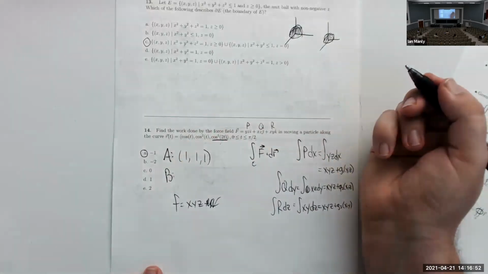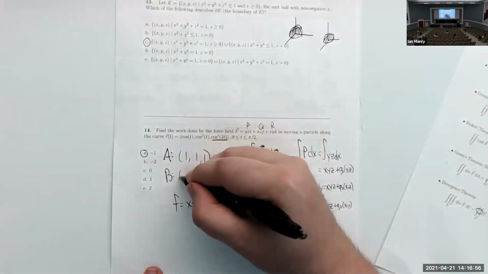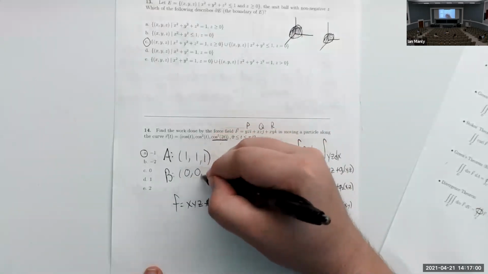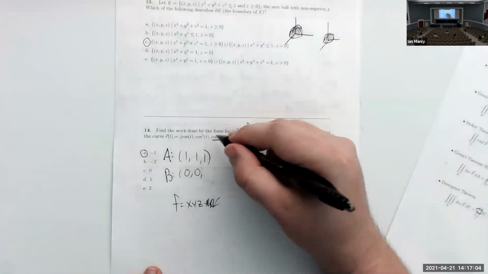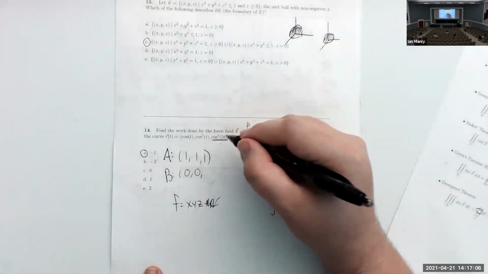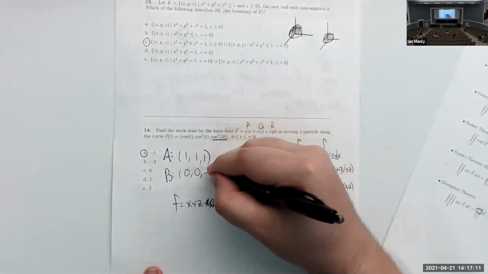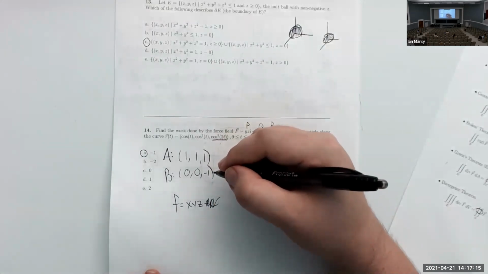And then for B, we have pi over 2. We plug that into here, we have 0. We have pi over 2 plugged into here, which is 0. And then we have pi over 2 plugged into here, which will be cosine to the 5th of pi. Cosine of pi is -1, so if we raise that to the 5th, that will be -1 right here.